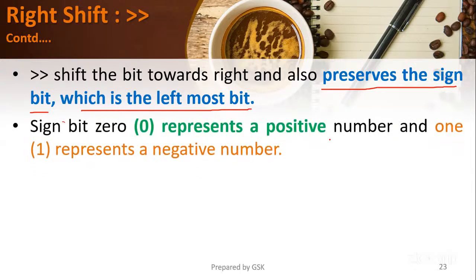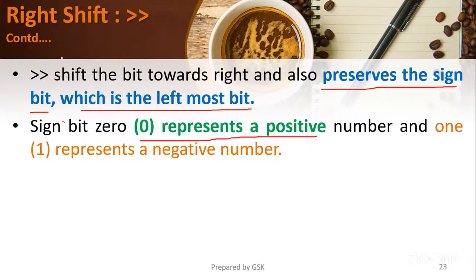The sign bit is a special bit whose value is either 0 or 1. If the sign bit value is 0, that represents a positive number. If the sign bit value is 1, that represents a negative number.